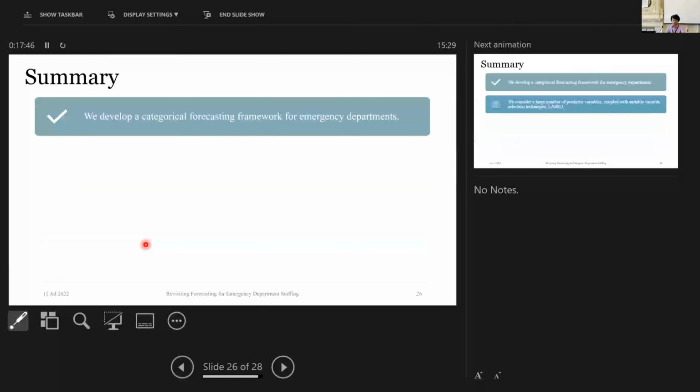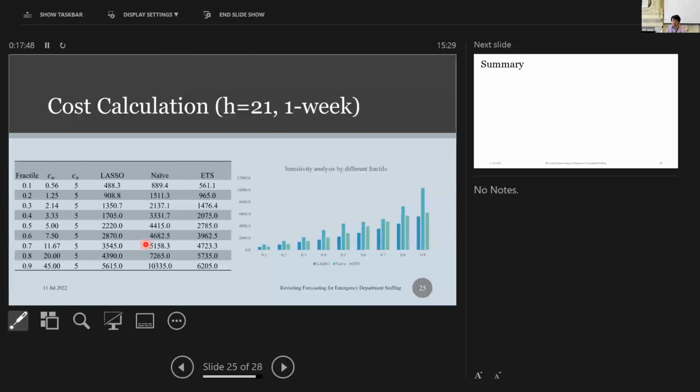Okay, so we don't have the specific numbers for the cost, and the numbers I show you here, for example, the first row where underage is 0.56 and the overage is 5, are conceptual numbers, just for academic papers. Obviously, if we have the real numbers from the hospital, those can be exactly calculated.